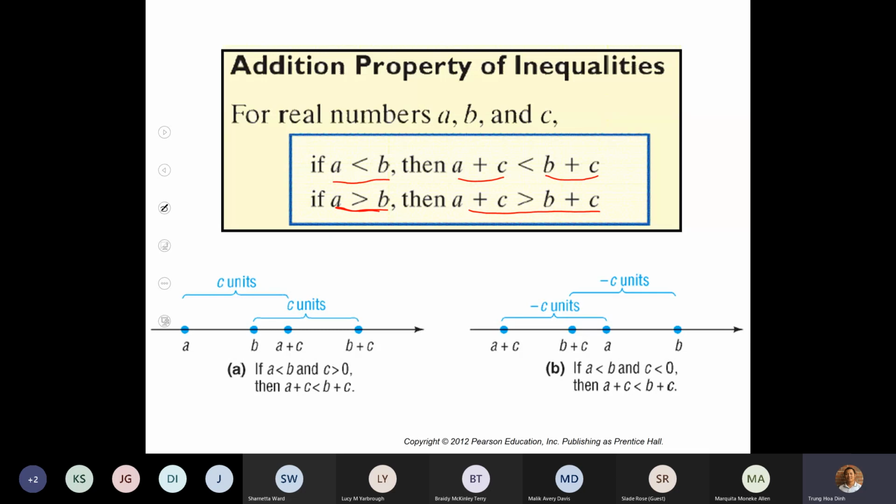I'm explaining here. For example, you have -2 less than -1, I'm sorry, greater than. Oh man. -2 greater than -1. Is that correct? You add some number to both sides, it's okay. You subtract from both sides some number, it's okay.